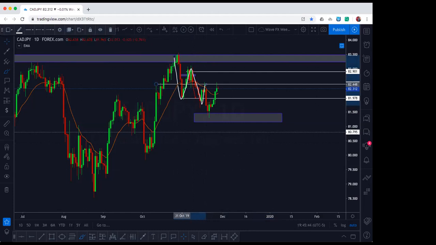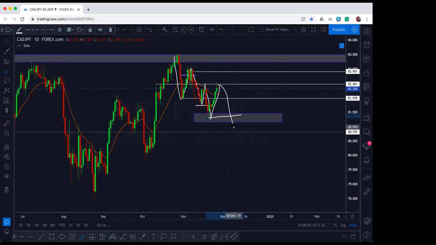Retest of these levels. Push down. Confirm the downtrend is active. Retest of the highs. Look for another push to the downside and simply watch for a break beneath that overall area.